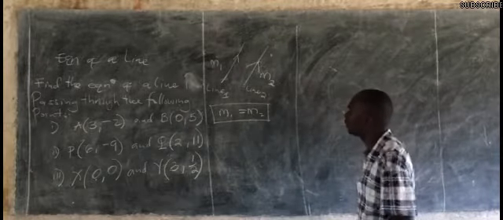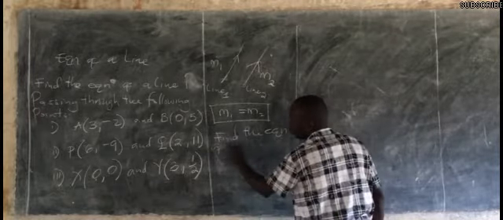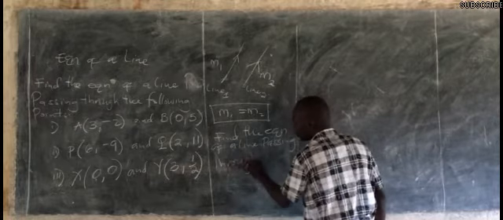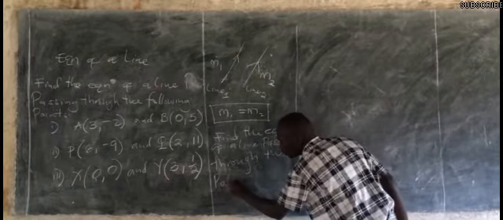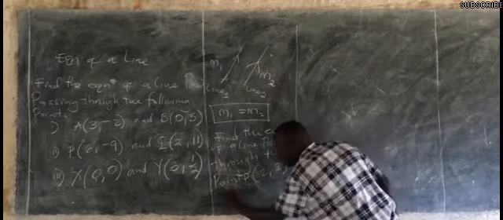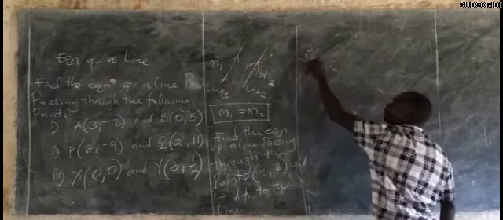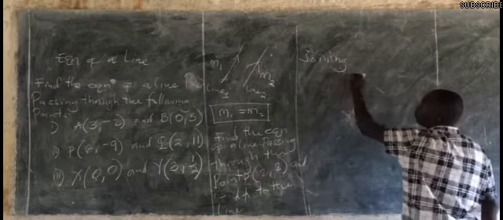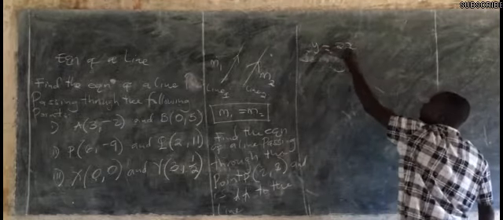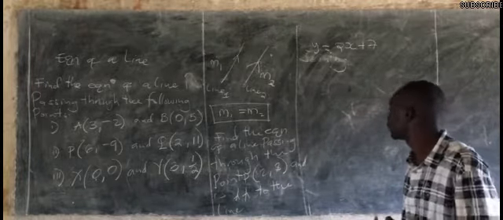From here we can draw our first example, saying: find the equation of a line passing through the point P, which is (2, 8), and is parallel to the line y = 2x + 7.